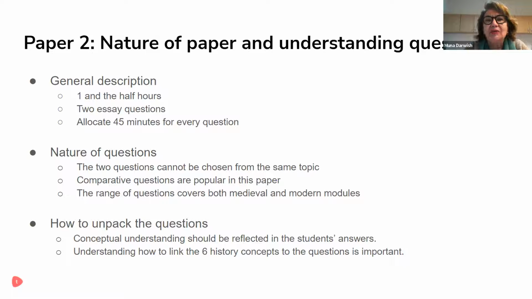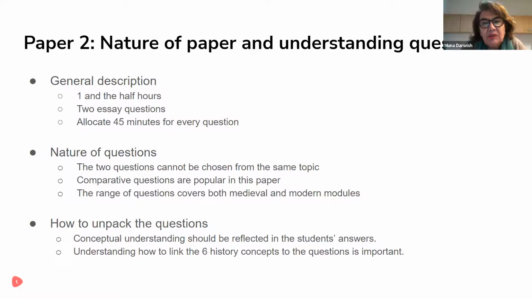You ask them about the rise to power of an authoritarian leader or two, and then they mix it with the consolidation of power or the maintenance of power.